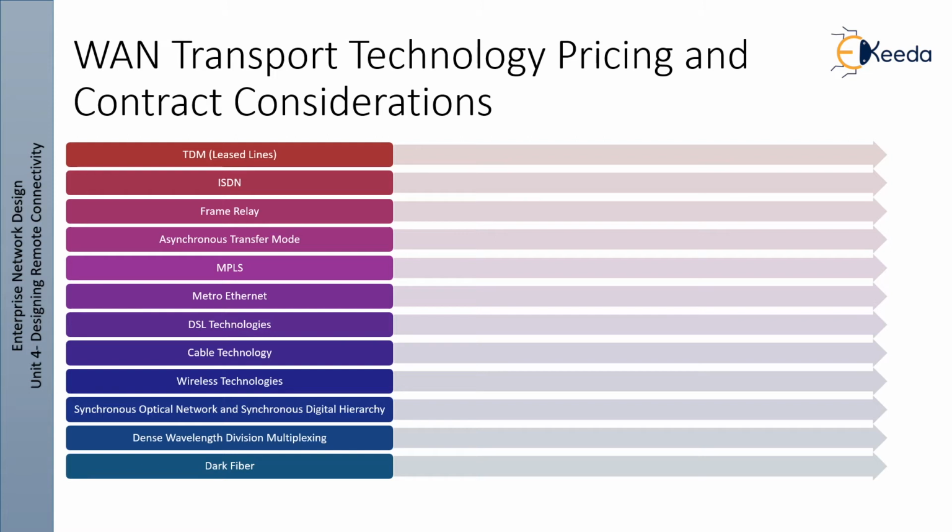Historically, WAN transport costs include an access circuit charge and, for time division multiplexing, a distance sensitive rate. Some carriers have dropped or reduced distance based factors as time division multiplexing circuits have become a commodity.